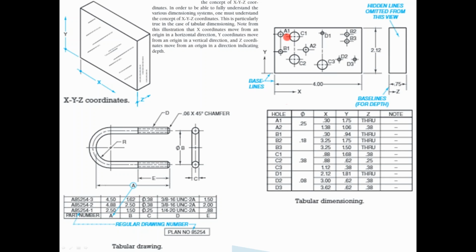So for A1, your diameter is 0.25 and the X is 0.3 inches. Your Y is 1.75 and your Z is either through or not through, depending on how deep you want that hole to be. This is all defined in a tabular dimension.